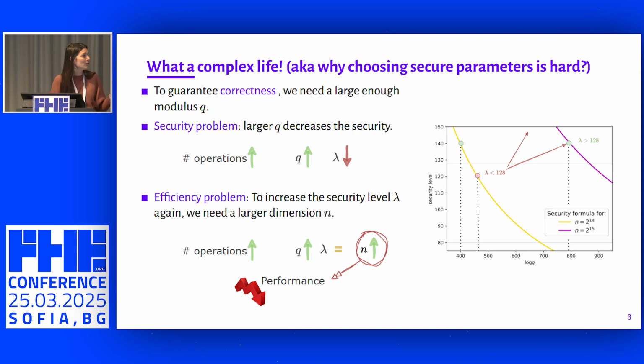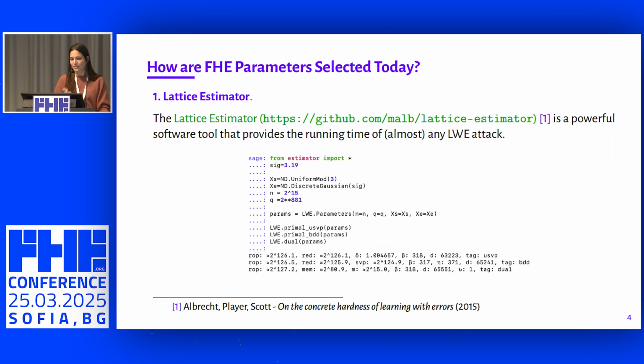So right now, how do we choose a secure set of parameters? I guess everybody knows the lattice estimator by Albrecht, Player, and Scott, a super powerful tool which provides the running time of almost any LWE attack.